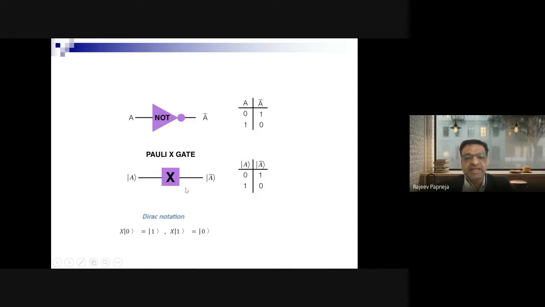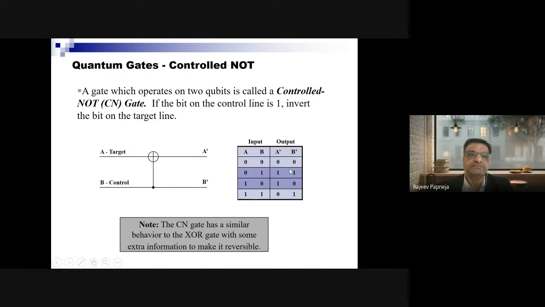Similarly with the Pauli X gate, there is no difference. So the Pauli X gate is the equivalent of the NOT gate. Two Hadamard gates in succession can also behave like a NOT gate. And for Pauli Y, Pauli Z, and Hadamard, there is nothing which is similar in classical computation. And these are the powers of quantum mechanics. These logic gates are the power of quantum mechanics.